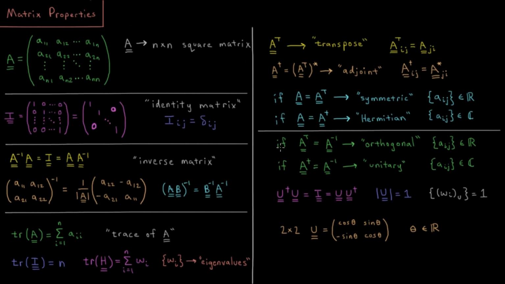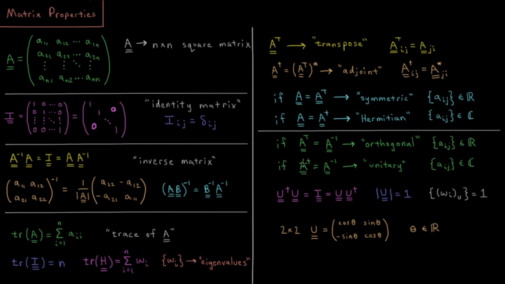Okay, then we can define, if a matrix's transpose is equal to its inverse, then what we have is called an orthogonal matrix, assuming that all of your elements are real.